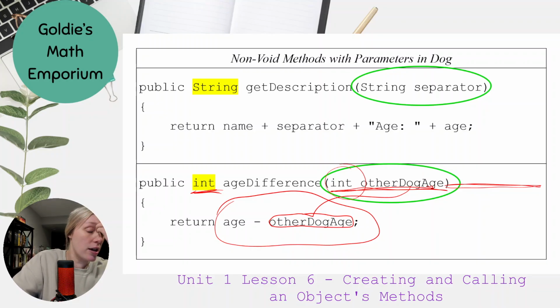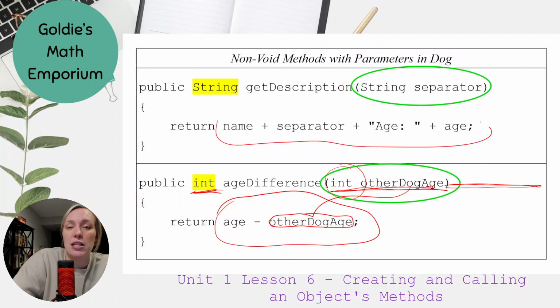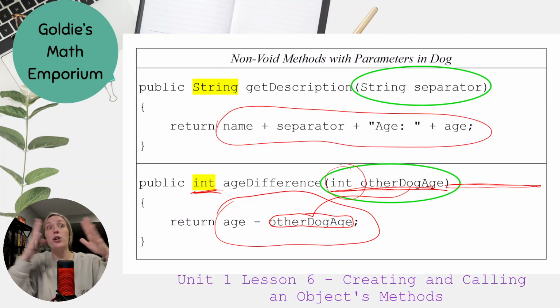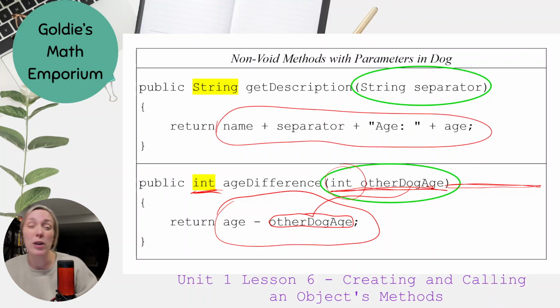Okay, the return statements just return an expression. It evaluates it and returns that value. Just like this is an expression here, it's going to put that expression together and just return that expression to whatever method called it. It's not actually going to change anything about the data. Okay, all right.